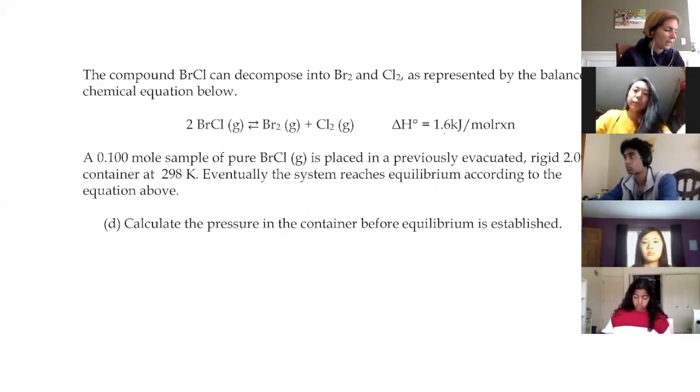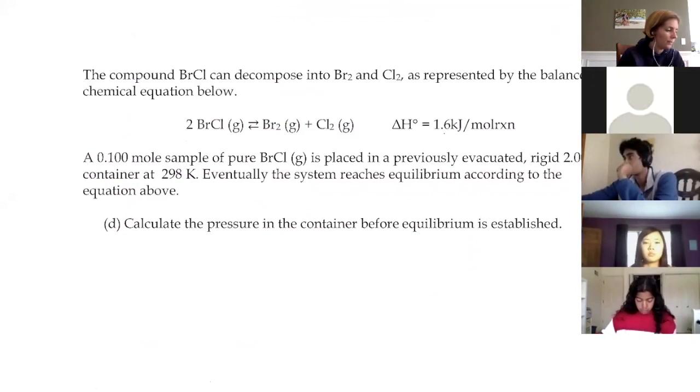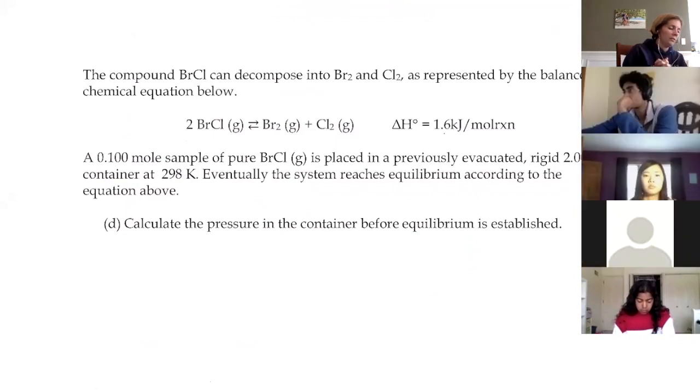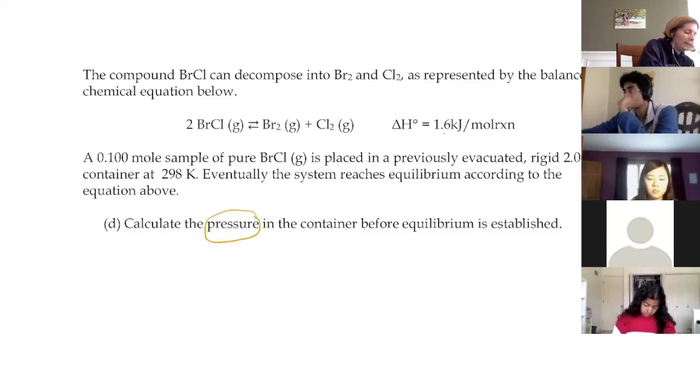We know that flask's volume and its temperature. So if D is asking us to calculate its pressure, if that's what we're looking for in this problem, and we have some moles, we have a volume, we have a temperature. That's looking like a PV equals nRT to me, right?